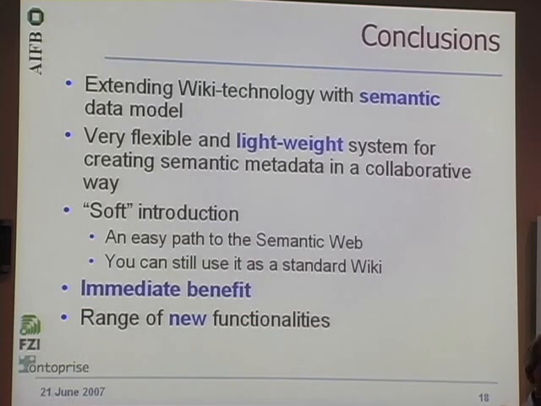Otherwise they are not motivated to first invest 3 months of specifying all that semantic stuff and then have the first added value based on that. But when you specify these links on the first page you are entering, you immediately get the benefit from that. And that is one experience we have made, that it is a very good way of really attracting people to use these kinds of features in the end.